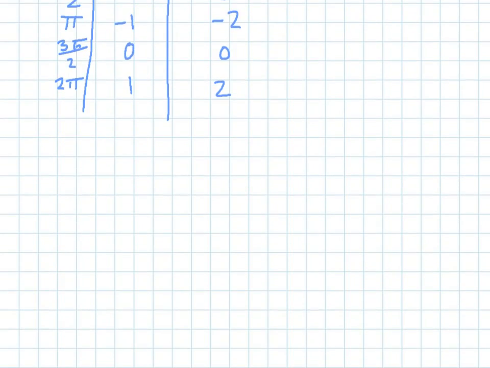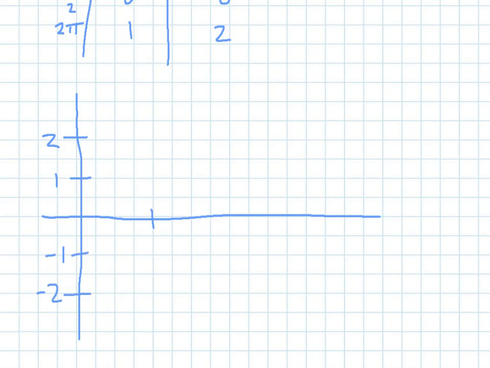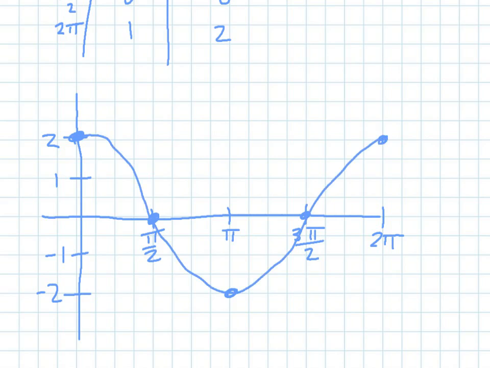So we get the same values, except we're amplifying them by a value of 2. When I graph 0, 2, pi over 2, 0, pi, -2, 3 pi over 2, 0, and 2 pi, 2, my graph just gets stretched out by a value of 2.